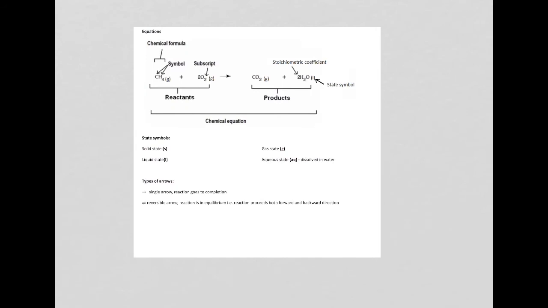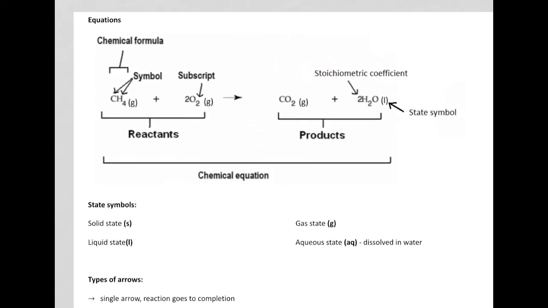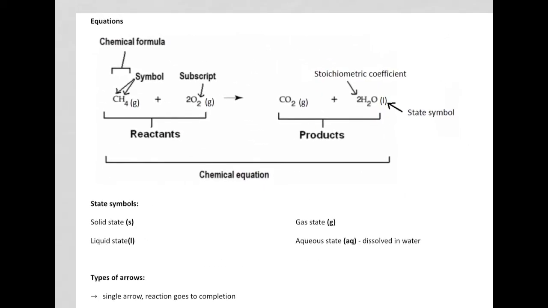So let's see some of this language in terms of symbols. So as you know, we have a chemical formula. So you have lots of things that show in a chemical formula. These little symbols are called state symbols, and they show the state that the substance is in.